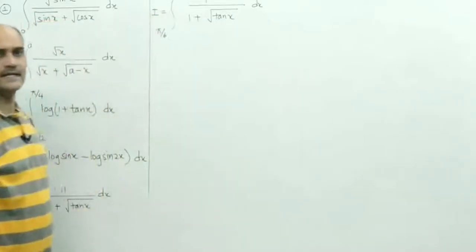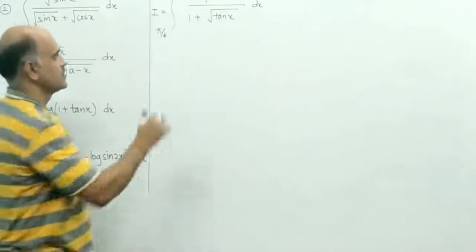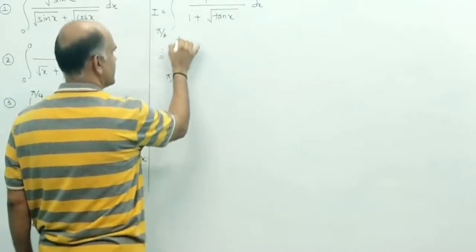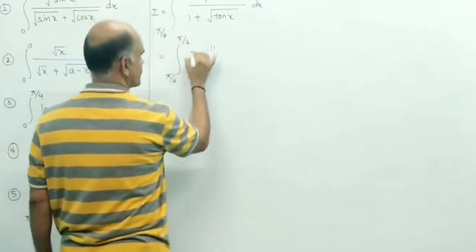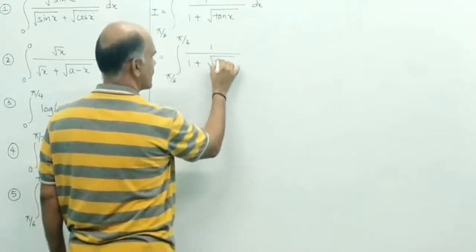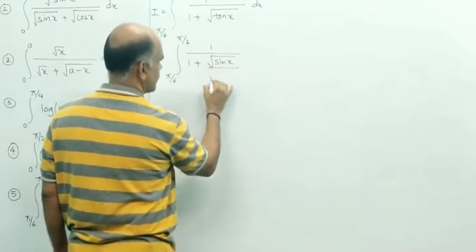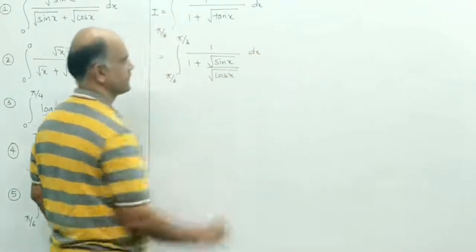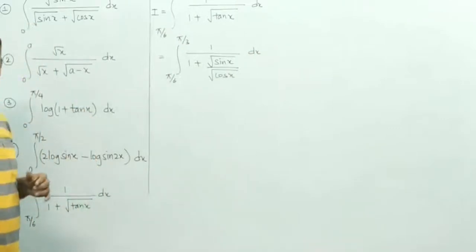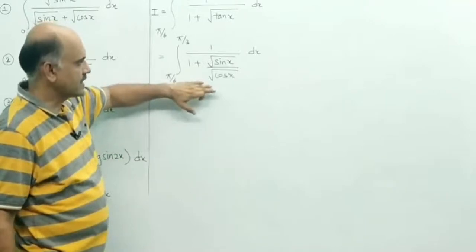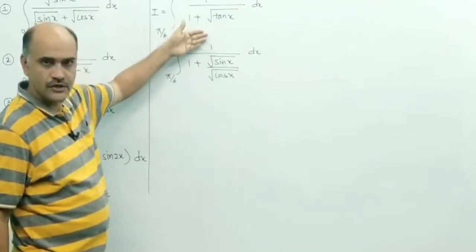By writing sine by cos and taking LCM, first it is 1 by 1 plus root of sin x by root of cos x dx. Now you take LCM. After taking LCM, root of cos x comes to the numerator.